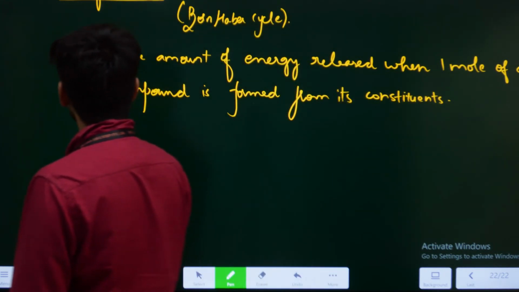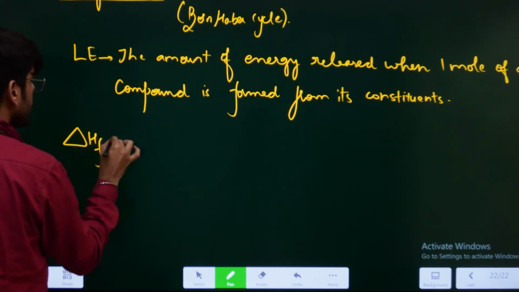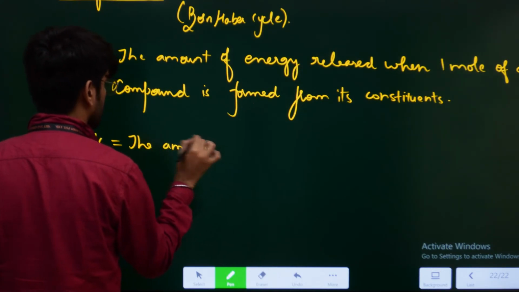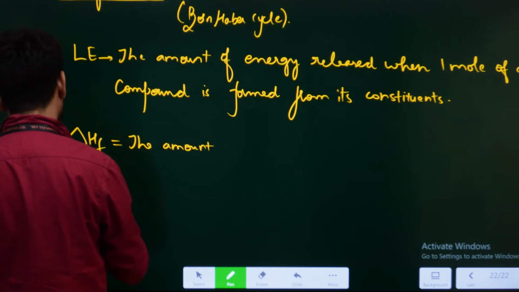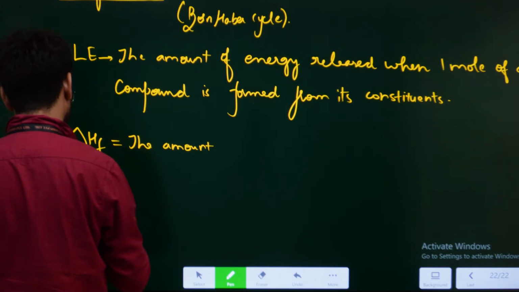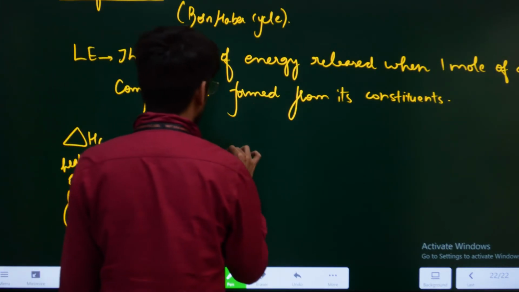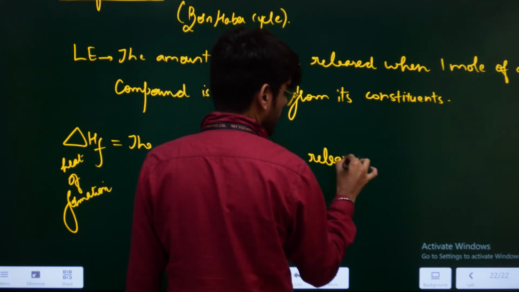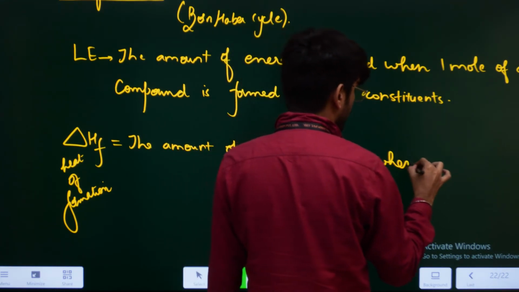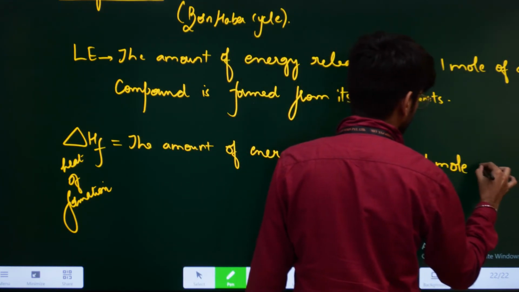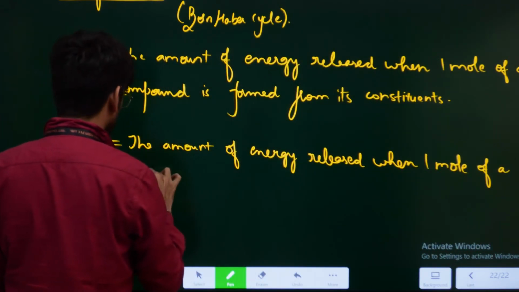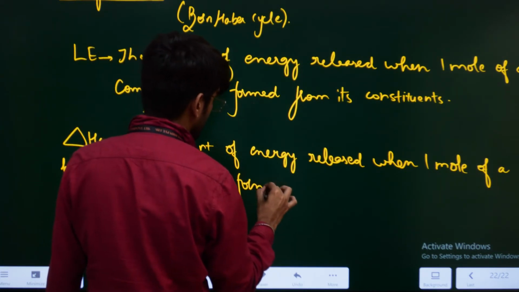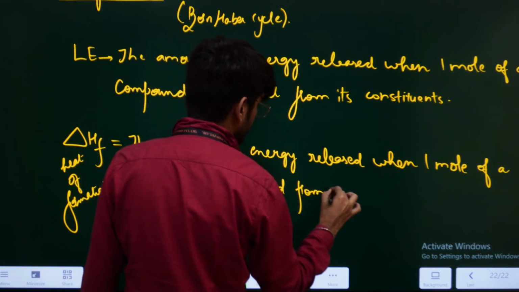And what is heat of formation? Heat of formation is the amount of energy released when 1 mole of a compound is formed from its constituents.